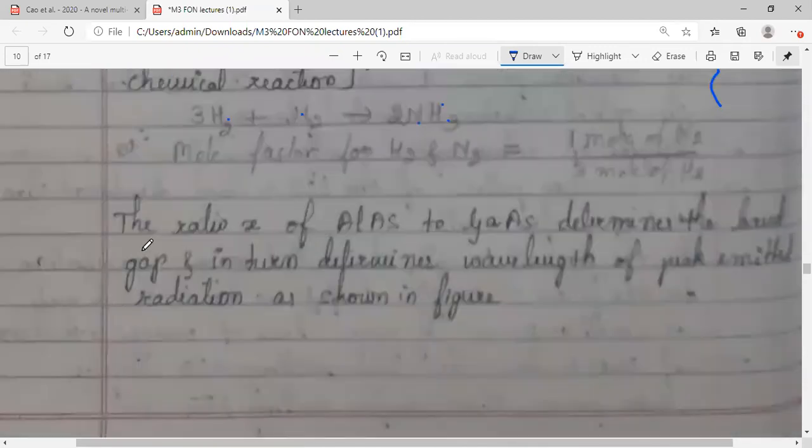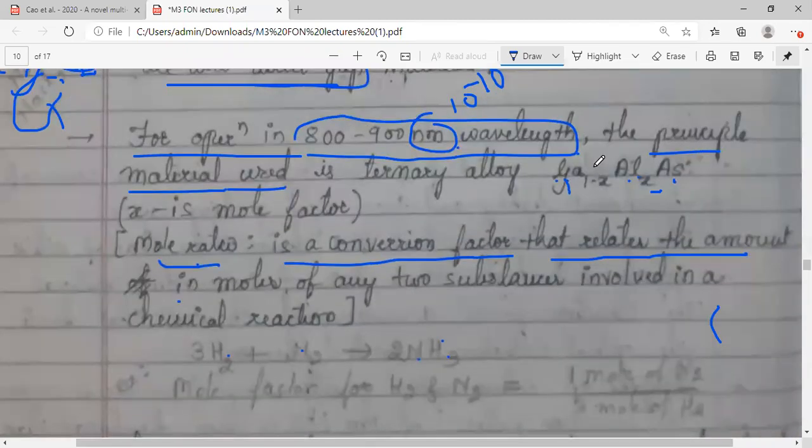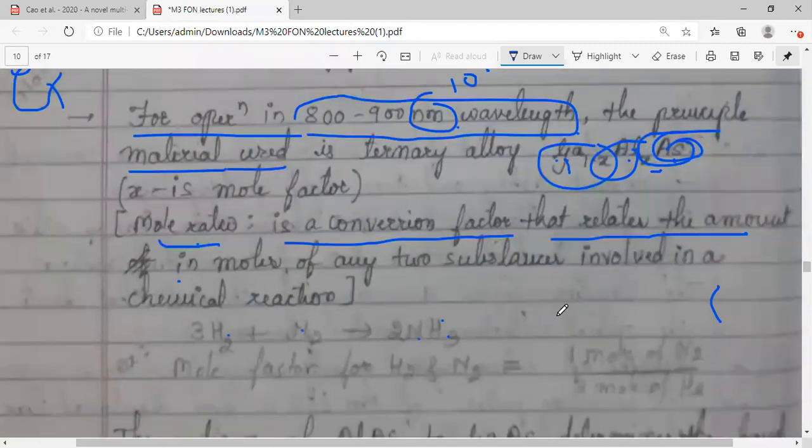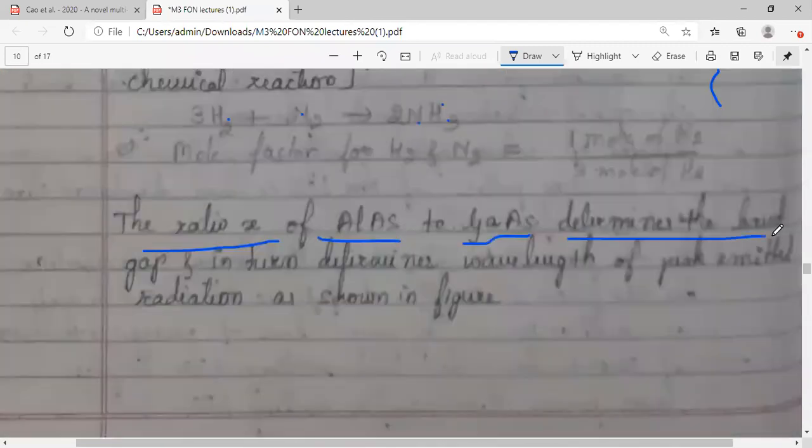Coming to the materials again, the ratio of aluminum arsenide and gallium arsenide. That's why you have two here: gallium arsenide and aluminum arsenide. So two different compounds are involved. They determine the band gap, because we want a direct band gap. If you take a single semiconductor, it is not possible to have the direct band gap.